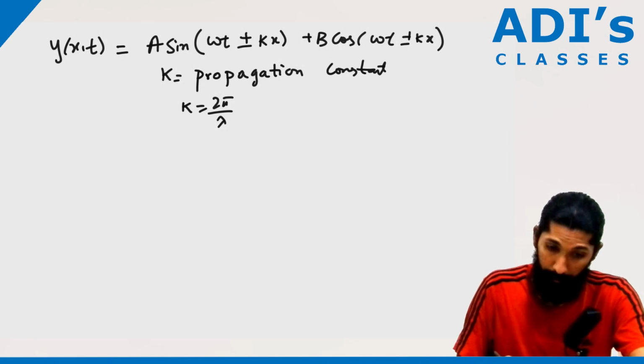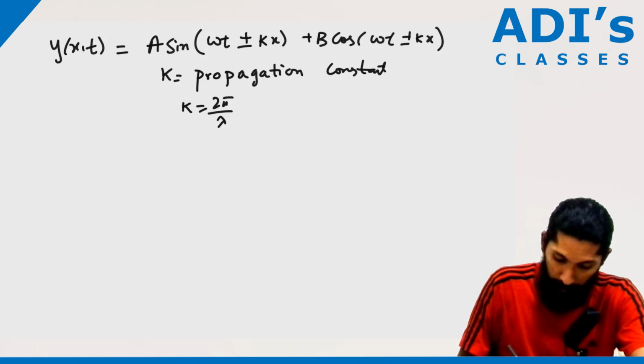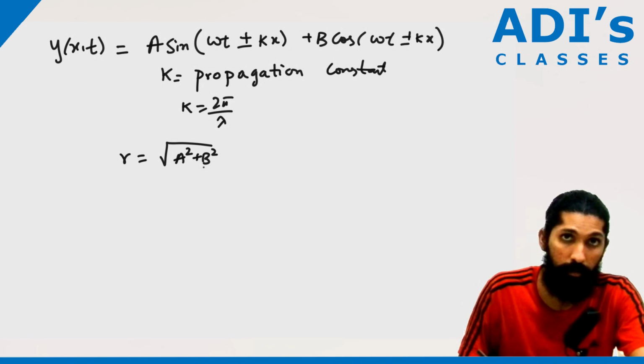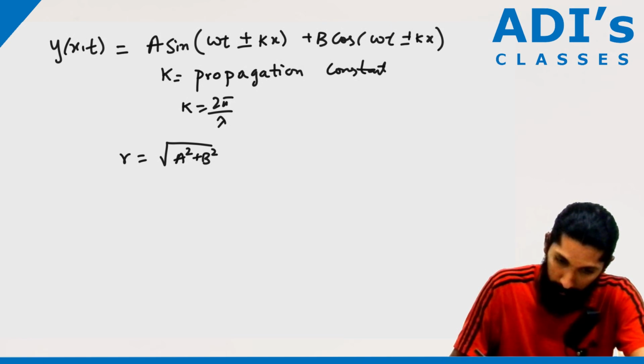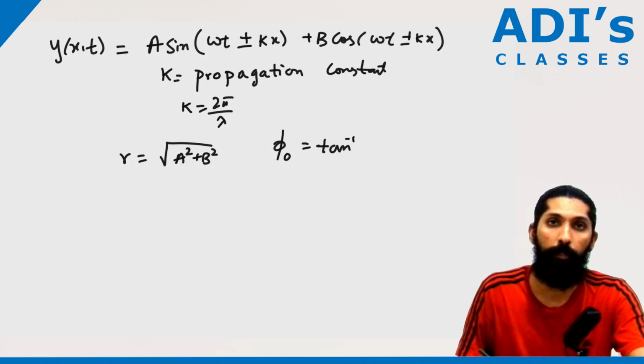But in this, we'll take the value of r, which is equal to root of a square plus b square, and the initial value of the phase, or what we call the epoch, phi naught, is equal to tan inverse of b divided by a.